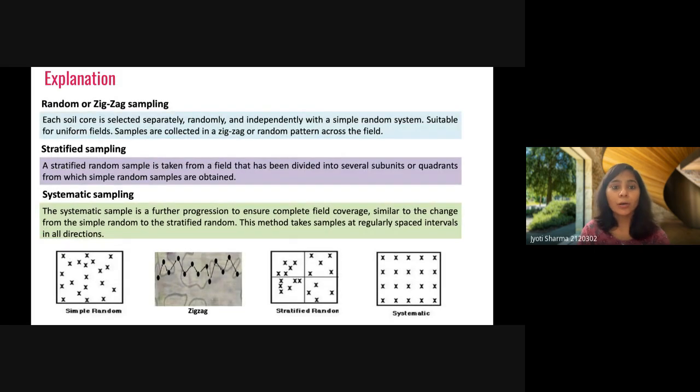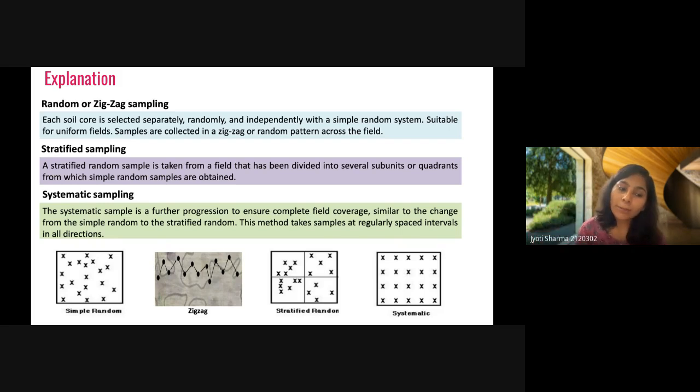Let me show you the different sampling. Random means we are randomly collecting the sample. One kind of random sampling is the zigzag; even if we collect the sample in a zigzag manner, it comes under random sampling. Another is stratified: you divide your total area into some quadrants so that from each area you have some representative samples.